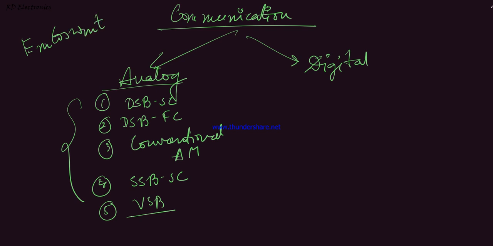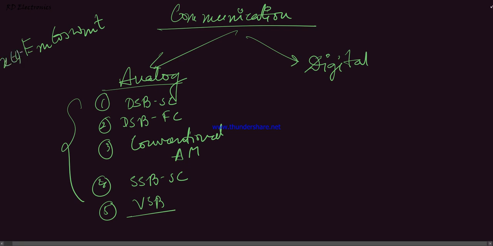This is denoted by modulating signal or baseband signal. This is known as x(t). This is also known as information signal, where Em equals the modulating voltage and omega m equals the modulating frequency.